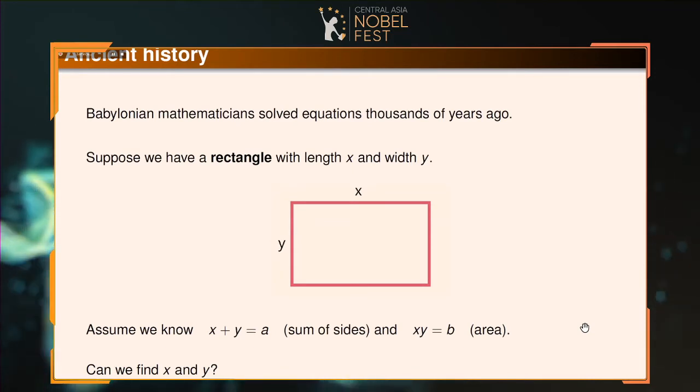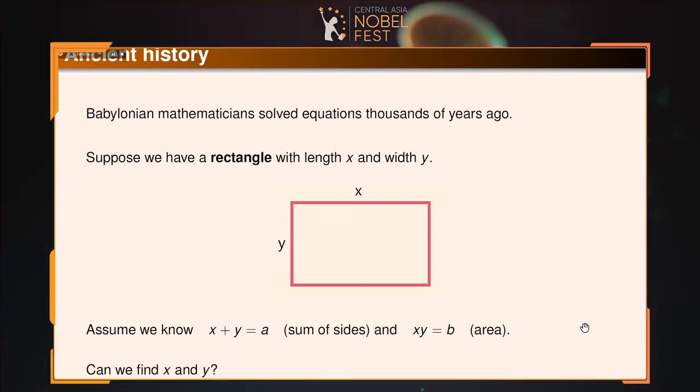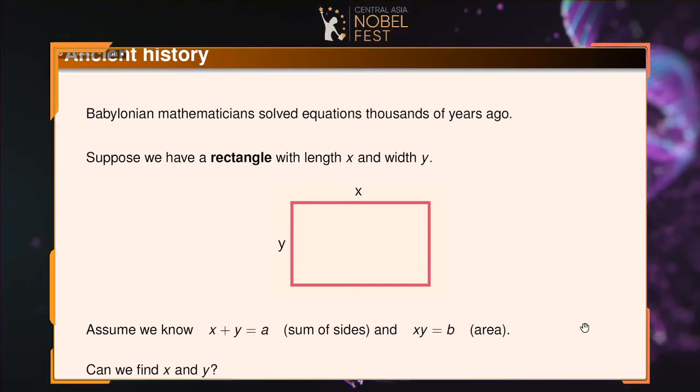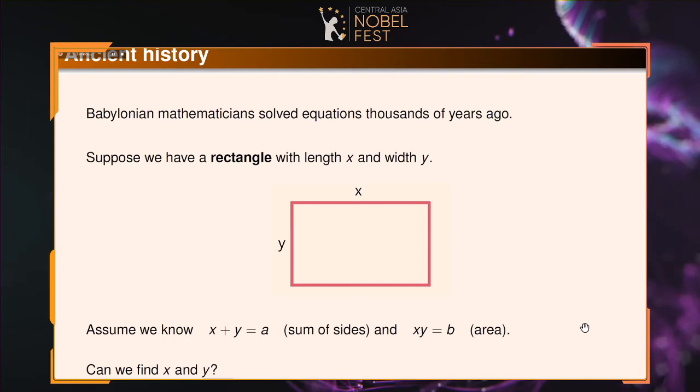Let me now tell you a little bit about the ancient roots of this field, algebraic geometry. It basically started in ancient times with the Babylonians, where they knew how to solve equations of small degree. And they came up with these equations for practical reasons.